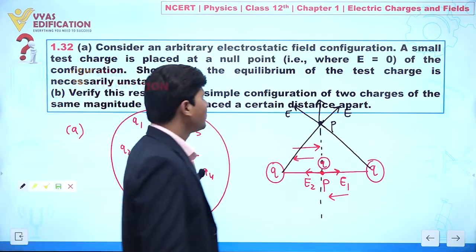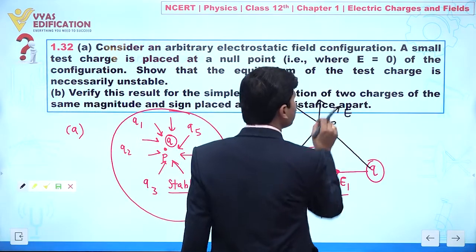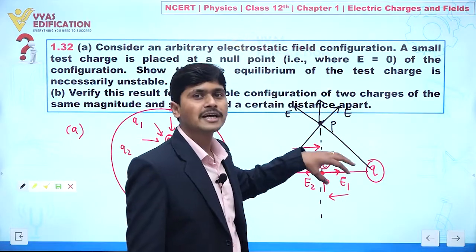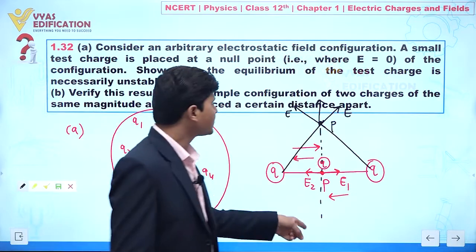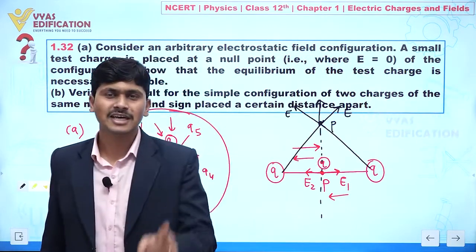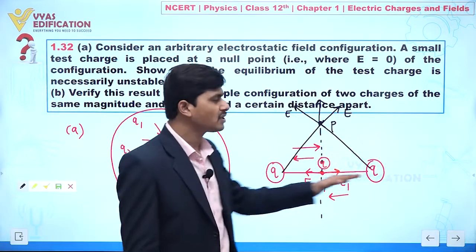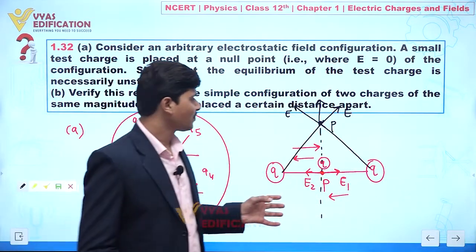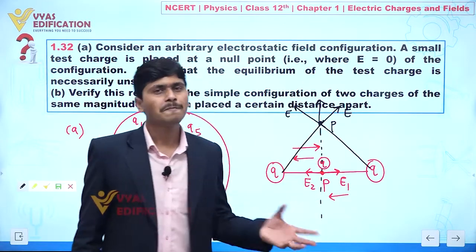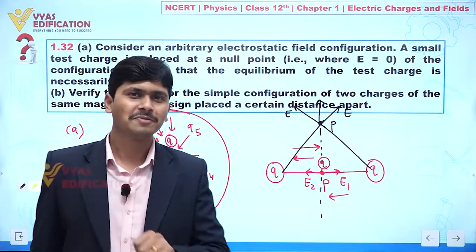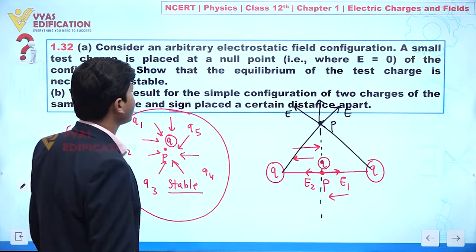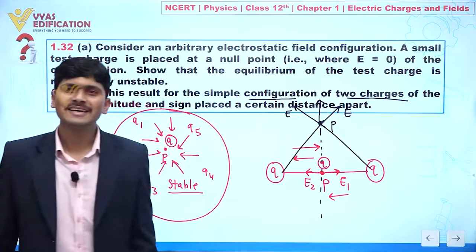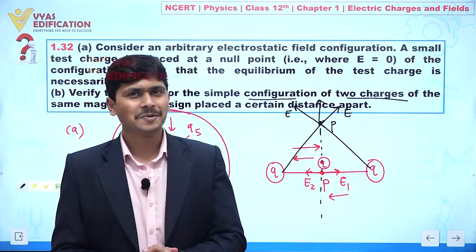It means if we displace a charge by a small amount, it will go away from point P and it will never come again to point P. So in the vertical direction the charge is in unstable equilibrium, but in the horizontal direction the charge is in stable equilibrium. So overall, in this configuration also the charge is in unstable equilibrium. Yes or no? So for the configuration of point charges, again we can say it is in unstable equilibrium. Clear to everyone?